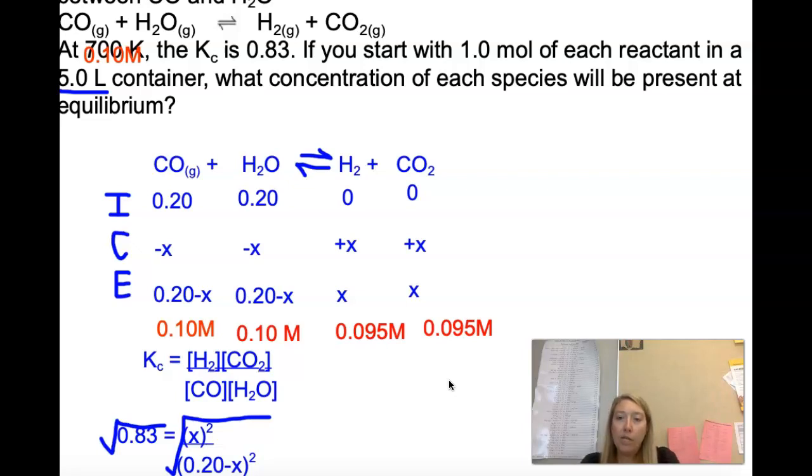So one thing you can definitely do on a question like this, once you get to the end, to make sure that you've actually solved it right, is plug those equilibrium concentrations back into your Kc expression to make sure that you get something that is close to the actual Kc.